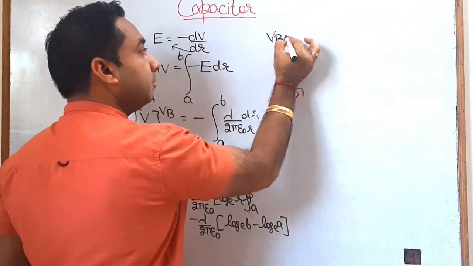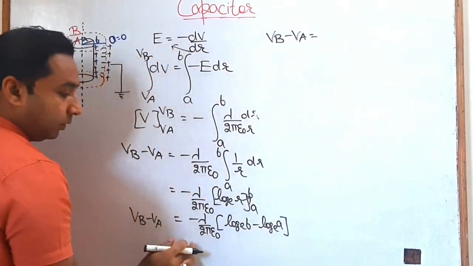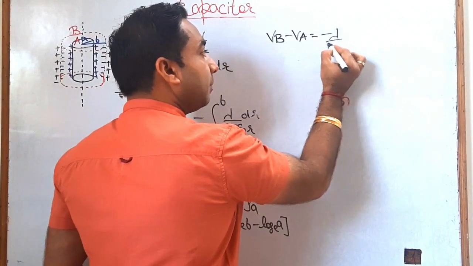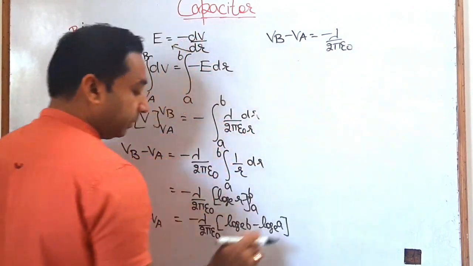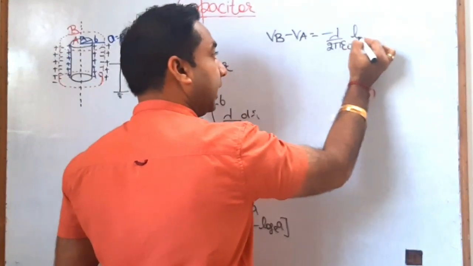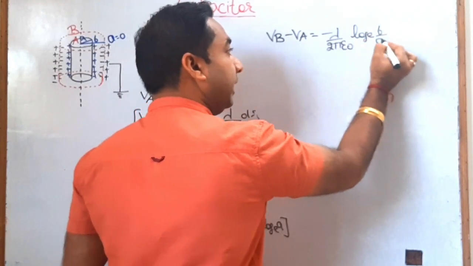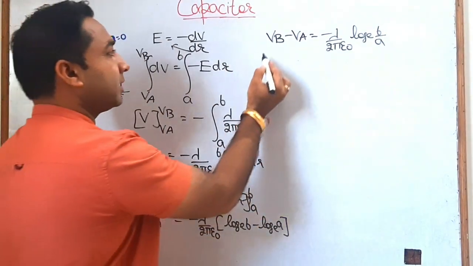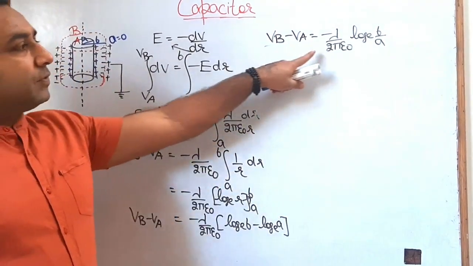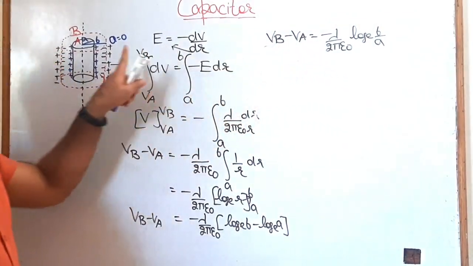Is it VB minus VA is equal to minus lambda upon 2 pi epsilon naught beta log B minus log A. Can I write this term as log B by A? Now the most important step. VB minus VA is this value. Can we say that VB की value तो 0 थी?